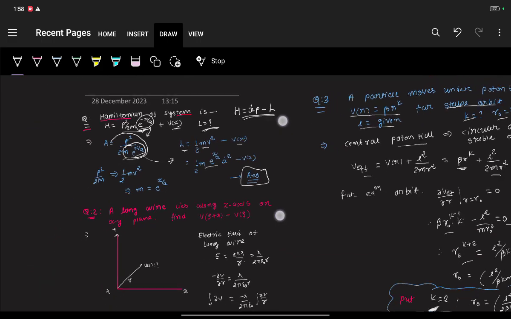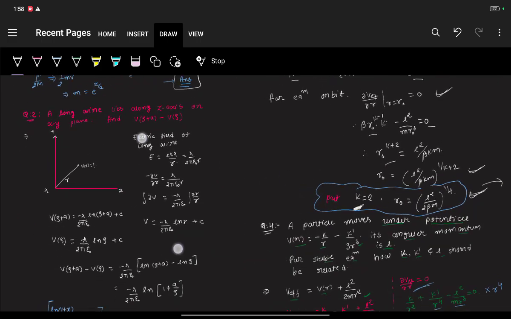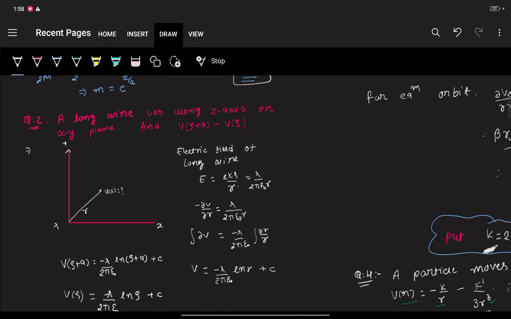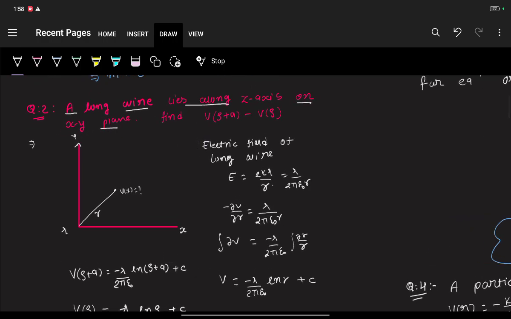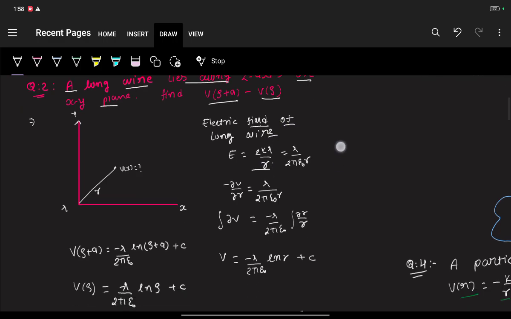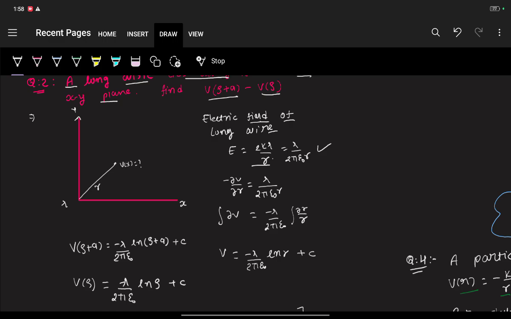So these were the questions. Here, question number 2: a long wire lies along the z-axis, on the xy plane. Find V(ρ+a) - V(ρ). So I think this question was very easy, because we know that the electric field of a long wire we can write as 2kλ/r or λ/(2πε0 r).